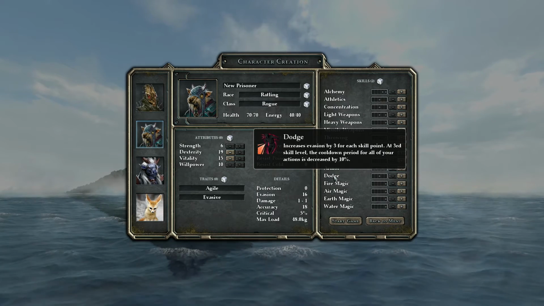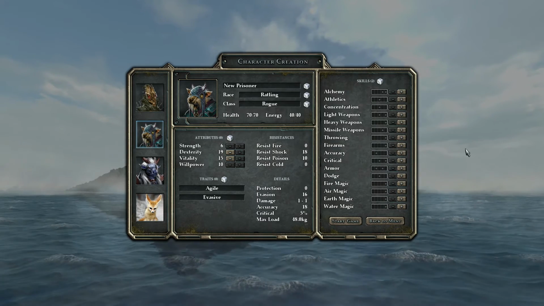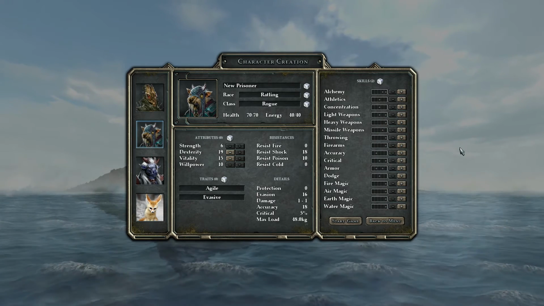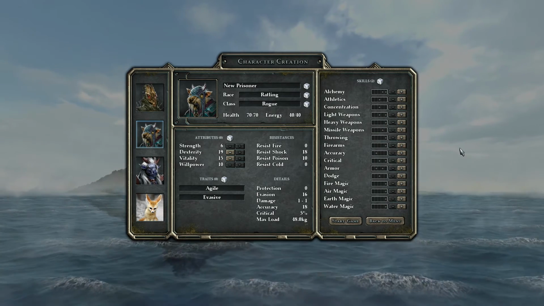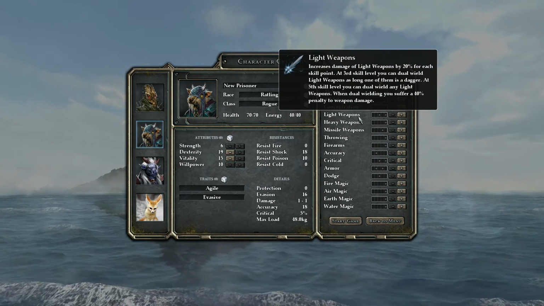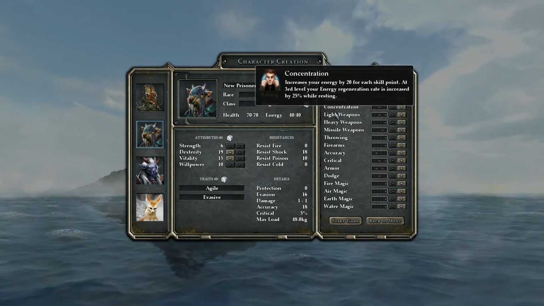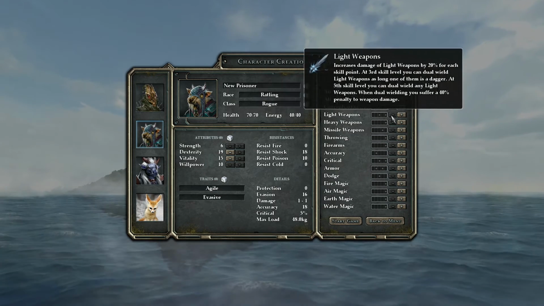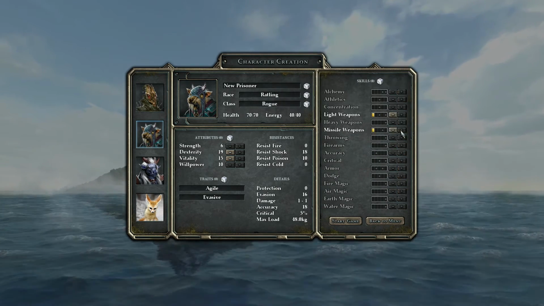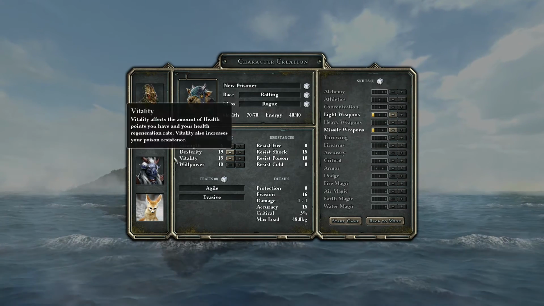And we might max out dodge to get him to 15. Now everybody has about 16 skill points, because you're going to beat the game reliably around level 16. So we might give him something like 1 point in concentration, or we might just increase his light weapons to level 4 to make him do that much more damage with his daggers.